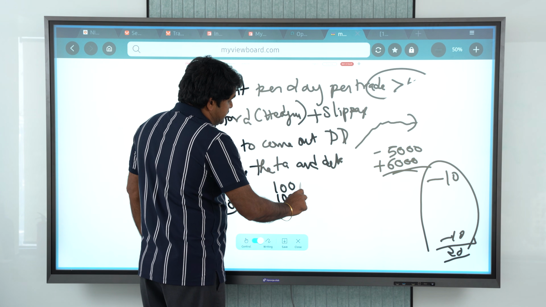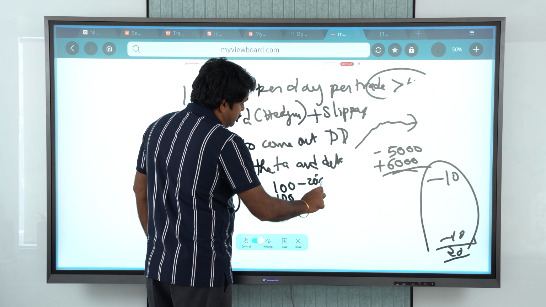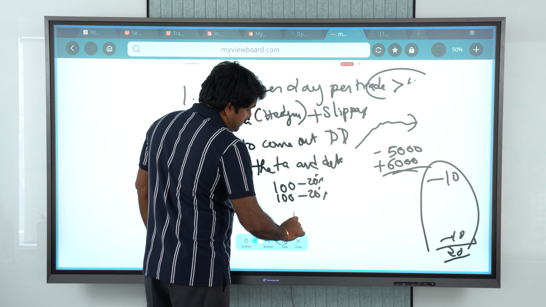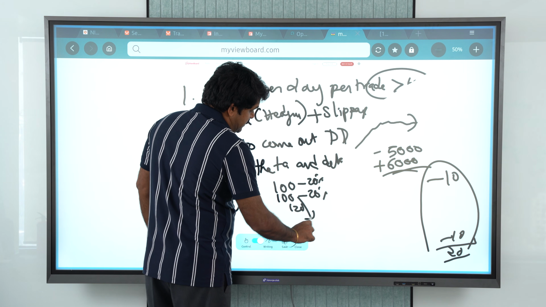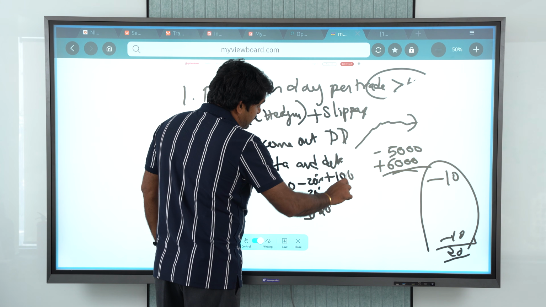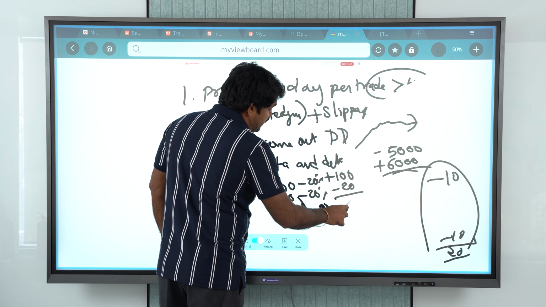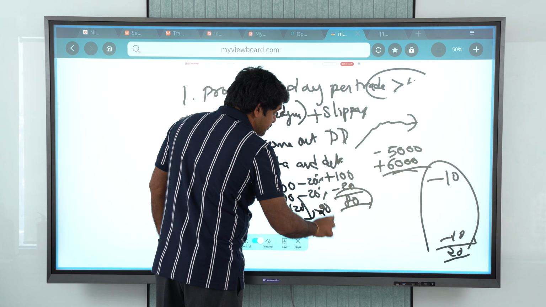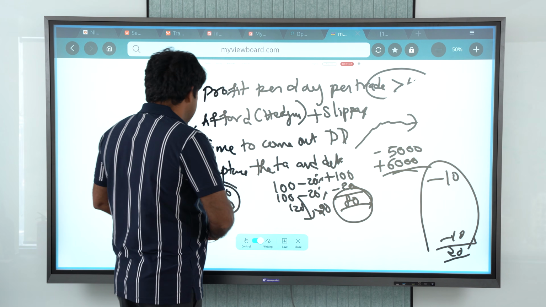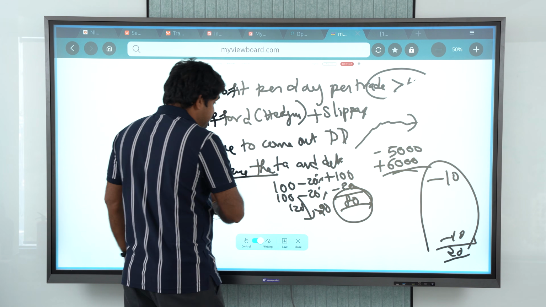Say for example I put a 20% stop loss here and a 20% stop loss here. Say for example 120 is the stop loss hit here and minus 20 rupees is the loss, and on the opposite side I will make a profit of 100, so I will get a profit of 80 rupees. So the chance of making a good return is really high. That is the reason I am saying this, capturing the theta.